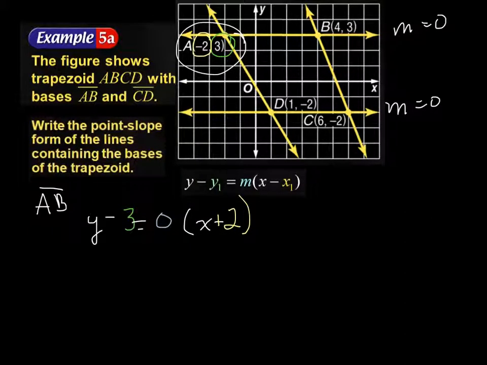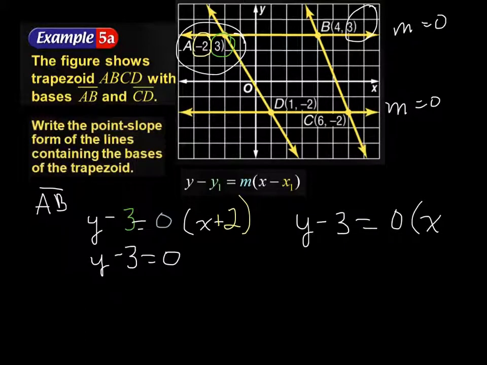But when we multiply anything by 0, we get 0. If we started off with B instead, we would have had y minus 3, the y part of my point there, equals m, which was 0, times x minus the x part of my point, which is 4. So I get the same exact answer either way.